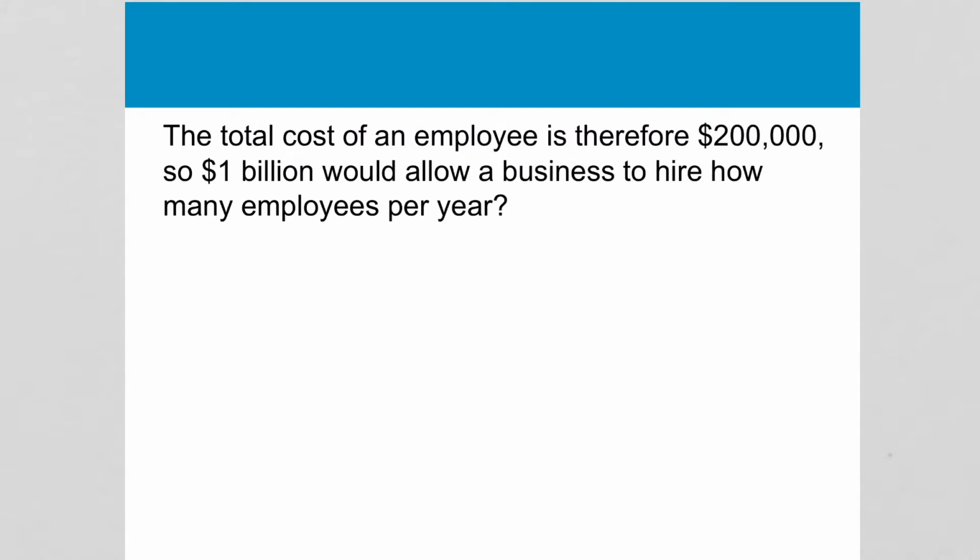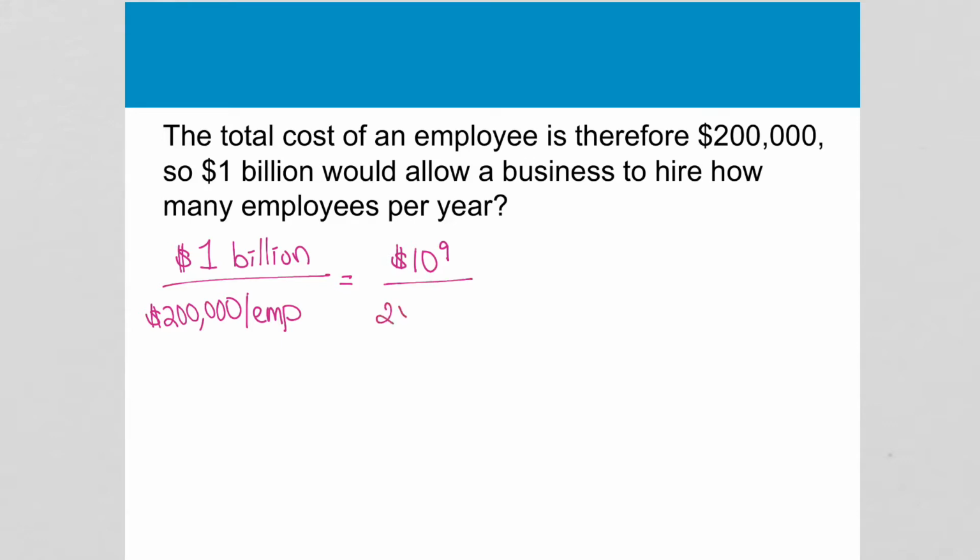Well, we just need to take $1 billion and divide by 200,000 per employee. That's 10 to the 9th for the billion, and I didn't say 1 times 10 to the 9th because it's just 1, over 2 times 10 to the 5th for the employees.